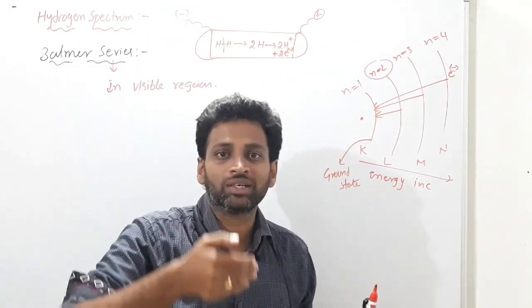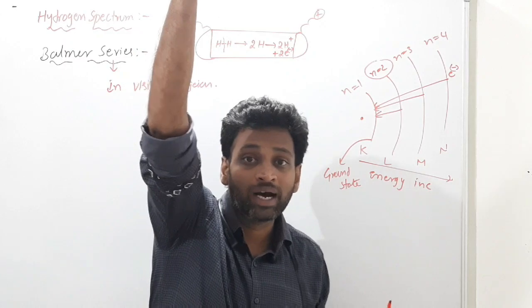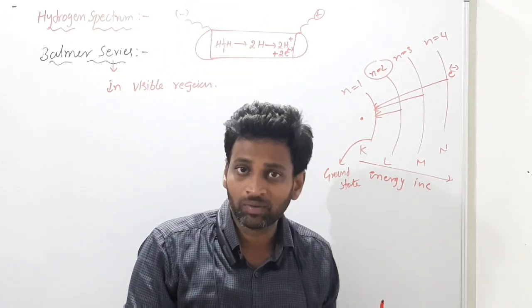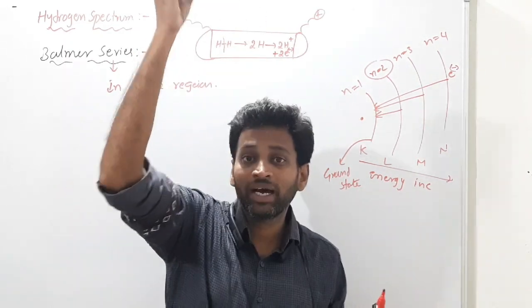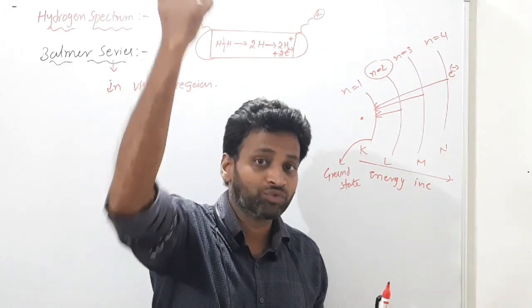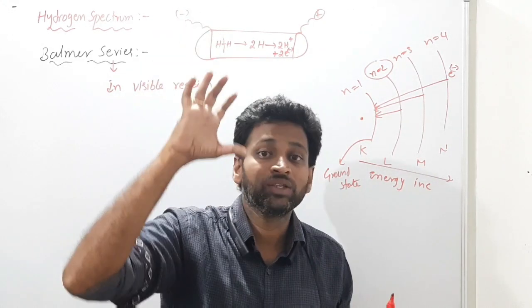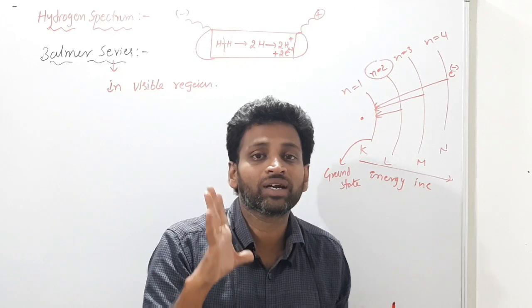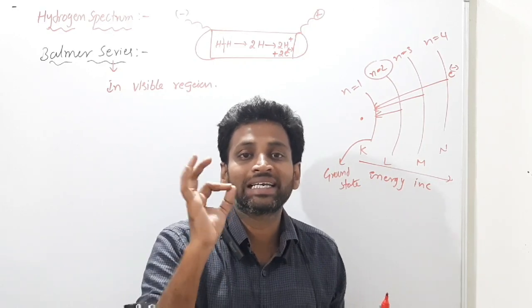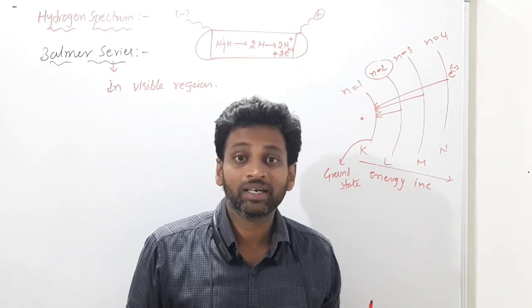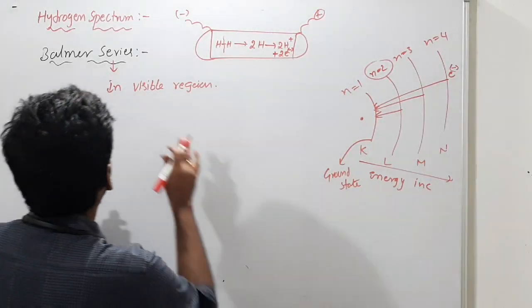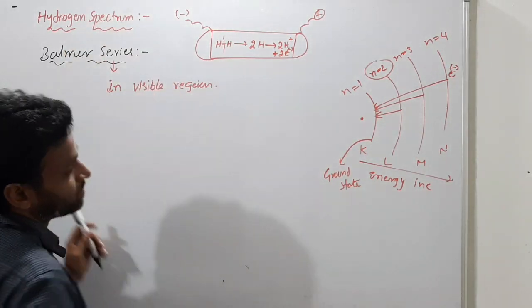Electron transition means an electron jumping from a higher energy level to a lower energy level. Not only from higher to second, but higher to first, higher to third, all these happen, in different electromagnetic regions. So all those things are explained in the hydrogen spectrum.